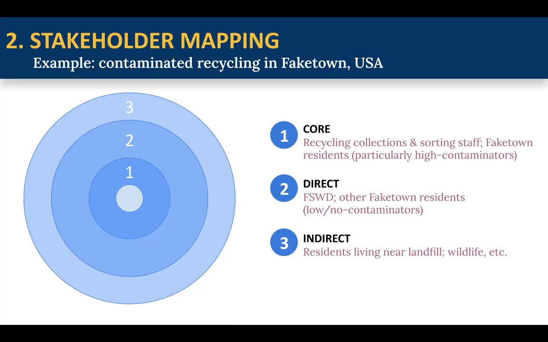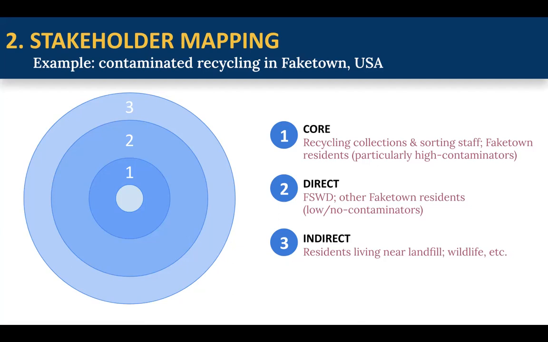The direct is also the rest of the department, other Fagtown residents, probably the ones that maybe don't have as much of an issue with recycling. Someone else might choose to put those in core as well. And so that's sort of your call. And as you develop how you want to do your research, you get to decide who goes where.